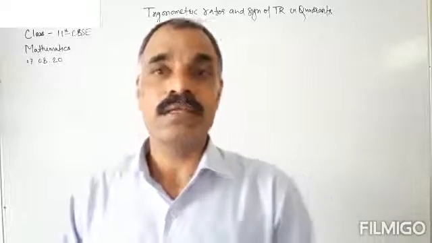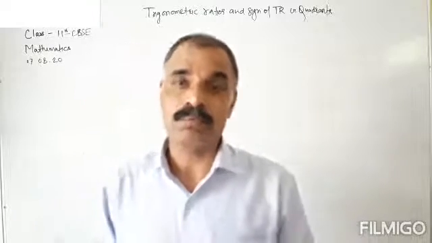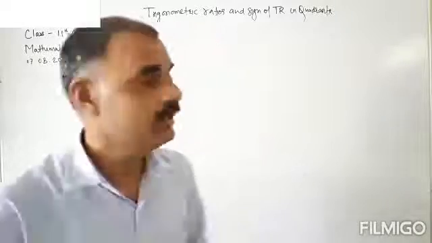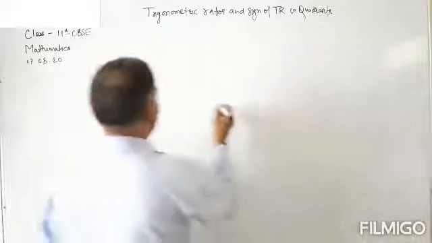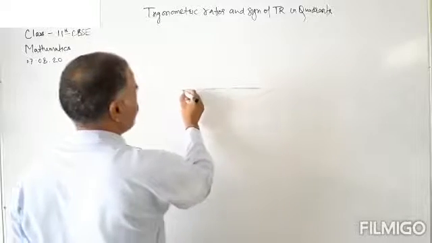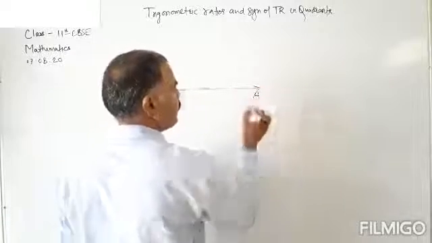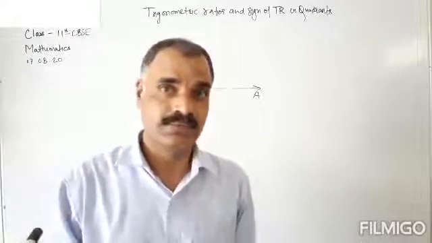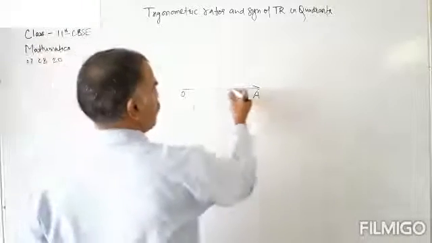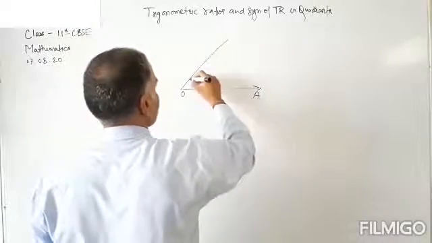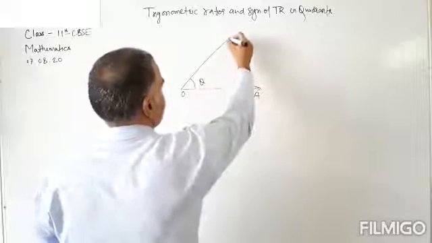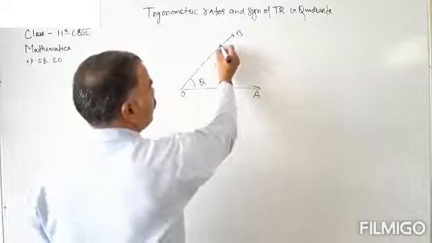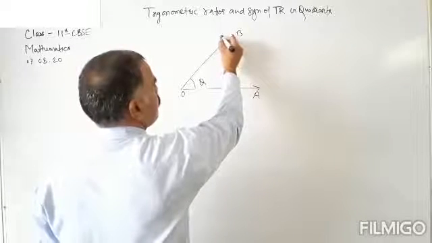So trigonometric ratios are the ratios of the sides of a right angled triangle. Suppose OA is any initial ray along the positive x-axis, and this ray revolves by an angle theta and takes the position OB, and let P be any point on the terminal side.